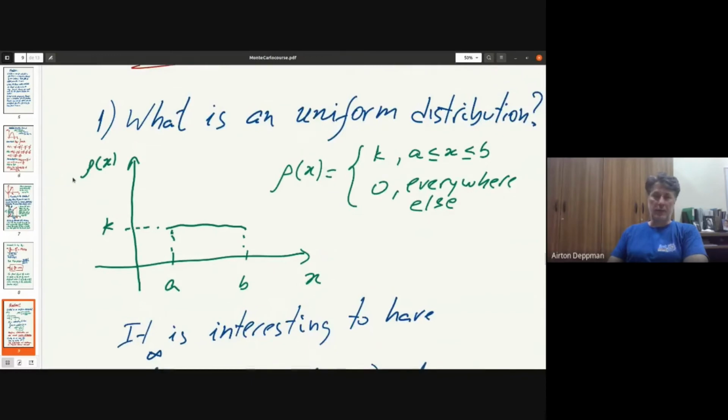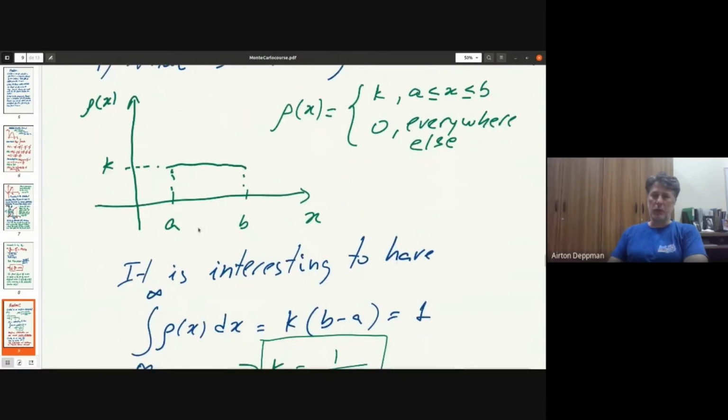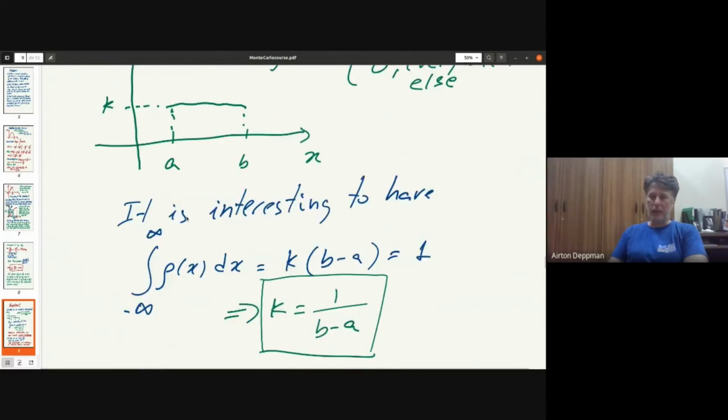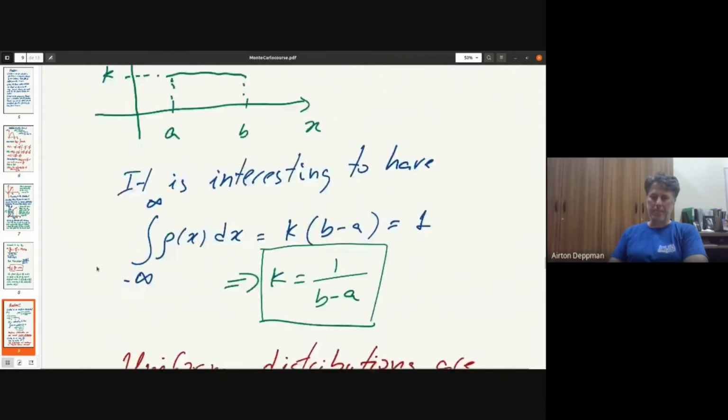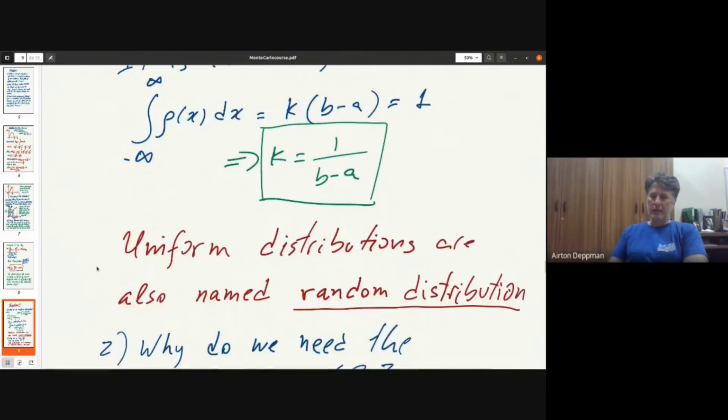Usually we want to sort the numbers between 0 and 1 because our probabilities are usually normalized to 1, and so kappa must be equal to 1. This is a uniform distribution, which is also called the random distribution.